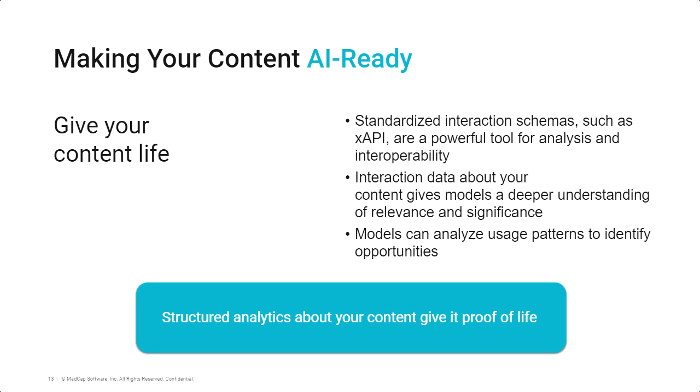AI models, if you provide a schema for interactions or analytics or what have you, and you give it consistent source data, they can tie those two together. Let's say it has the same ID. So your content has an ID, and that ID is referenced in that interaction statement. Now your AI model really understands how are these pieces of content being used?